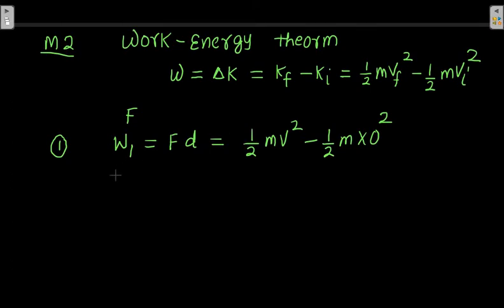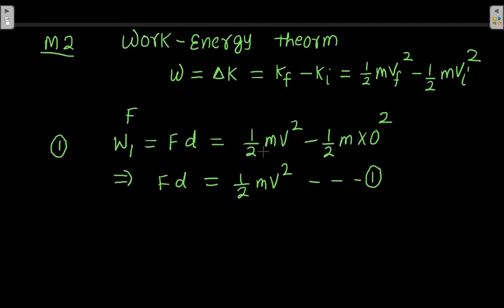Or we can write F d will be equal to half m v square. Let this be equation first. Again, it is given that the speed of the car becomes v by 2.